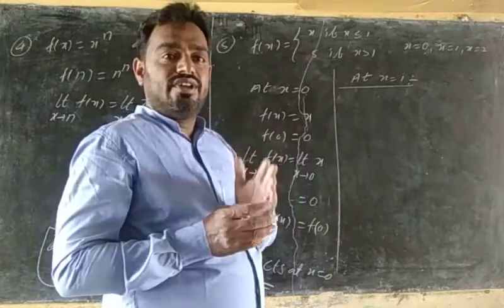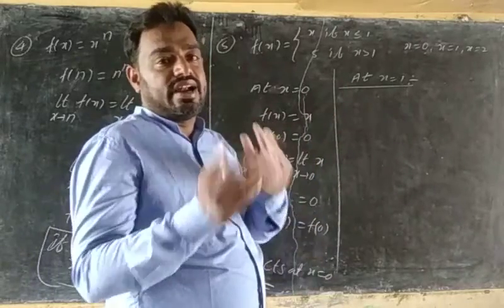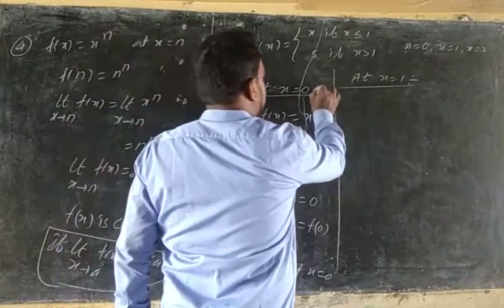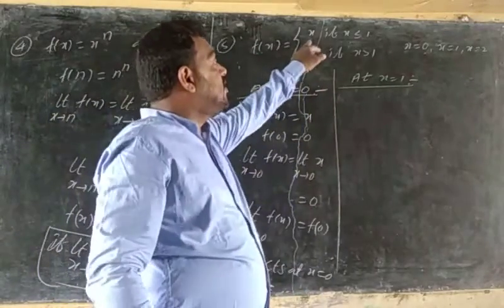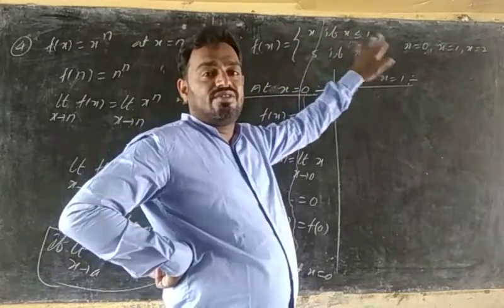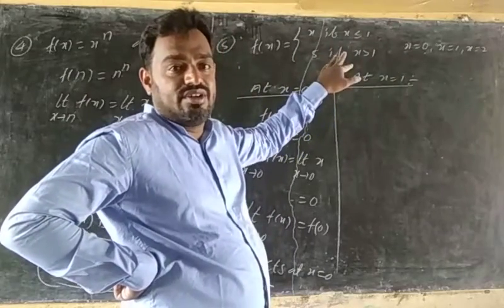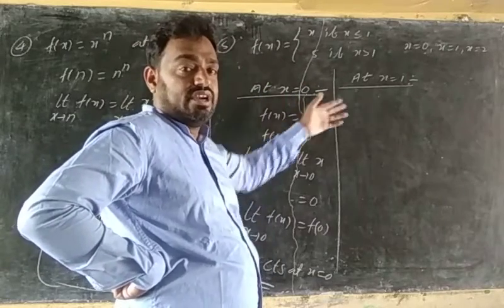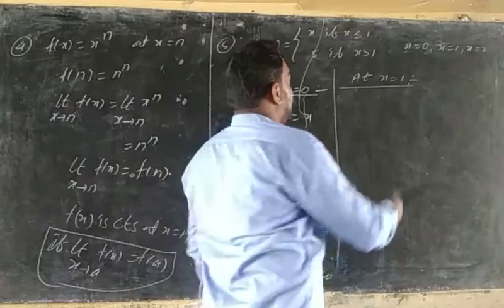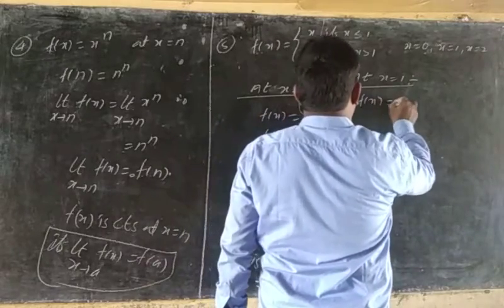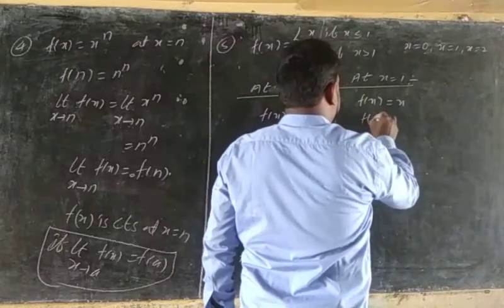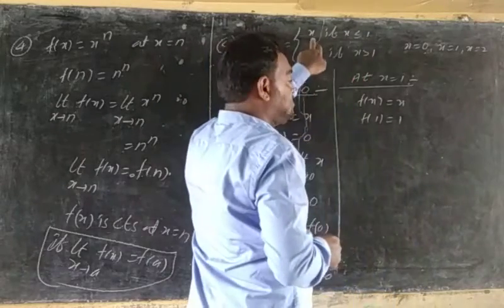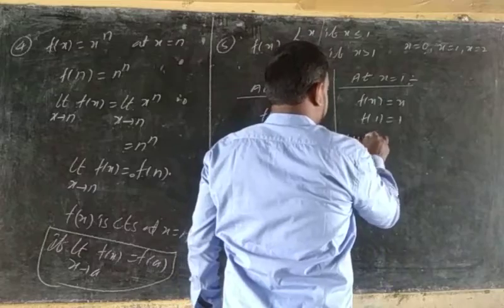Why are we not doing this at x = 0? Because the function is defined the same way on both sides of 0, so we took the direct limit. Understand the difference? Here f(1) = 1, because at 1, f(x) is defined as x only.